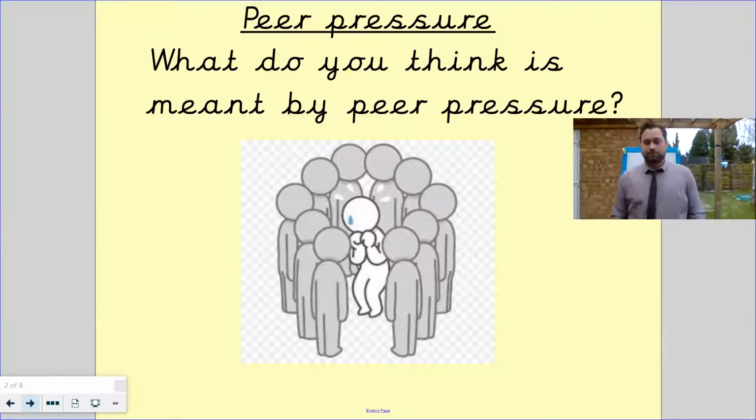So you can see in this picture here that there's a figure in the middle surrounded by other people, and you can see that this person in the middle looks like they're feeling a little bit distressed, because everyone around them is maybe trying to get him to do something. And that's what we mean by peer pressure.